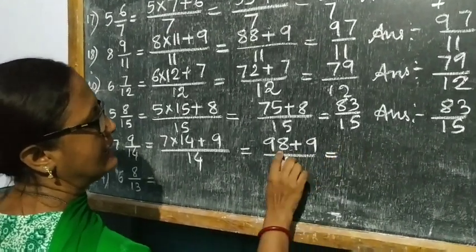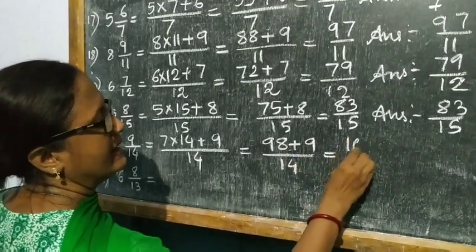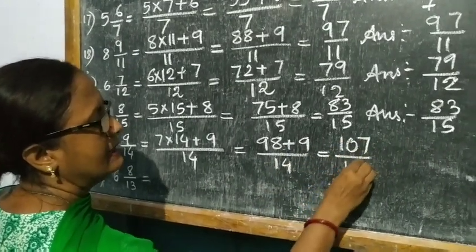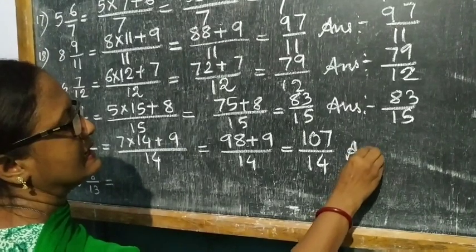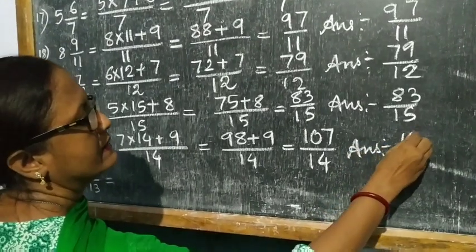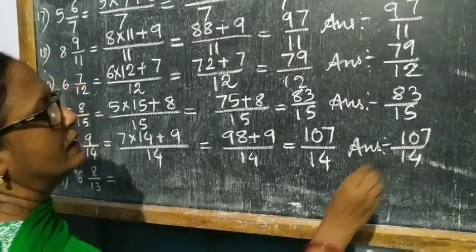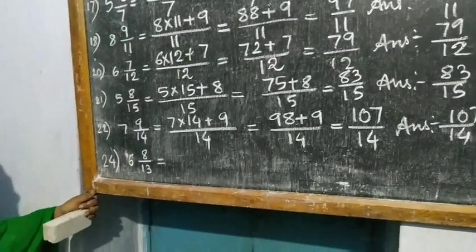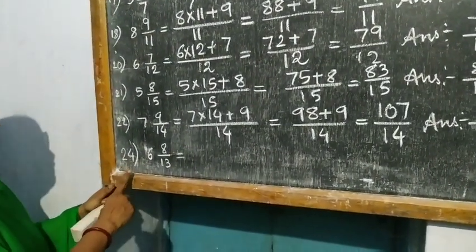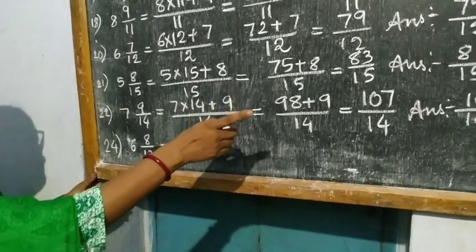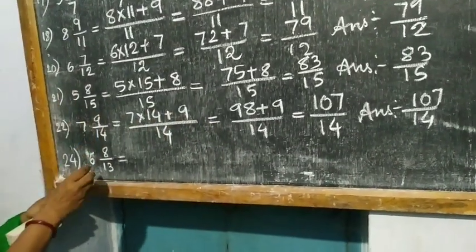So it is equal to 98 plus 9, 107 by 14. So the answer is 107 by 14. Next, sum number 24. So 107 by 14 children, it is a normal fraction.